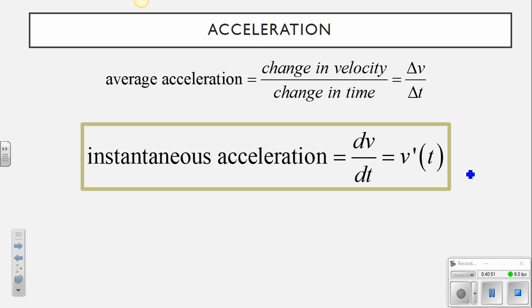Well, that's going to look like dv dt, which is me taking the derivative of the velocity function. If I took the derivative of velocity, that gives me acceleration, but I already took a derivative to get velocity, right?